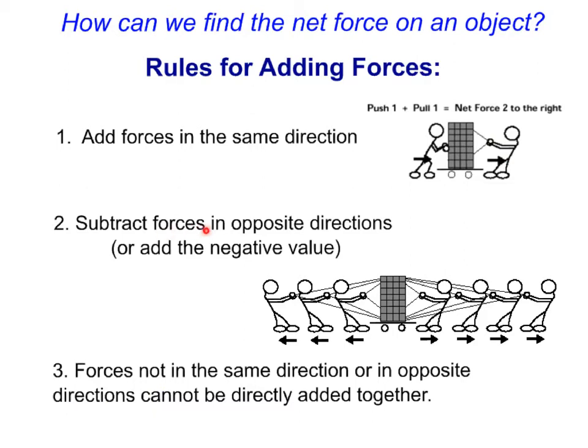If we have forces in opposite directions, here these guys are pulling and these guys are pulling this direction, and they're opposite directions, we're going to subtract or add a negative value, either one, because it's the same thing. We have 2 to the left and 4 to the right.